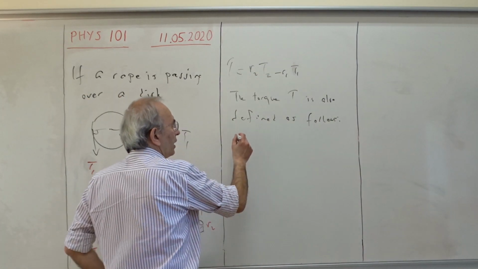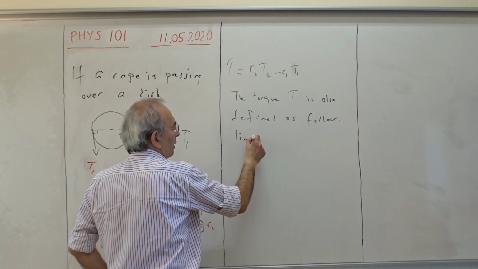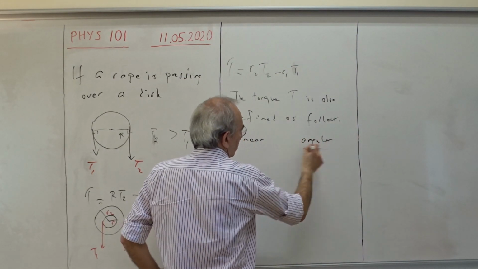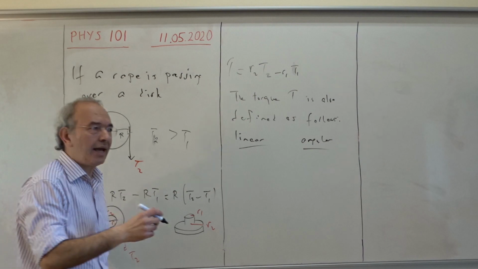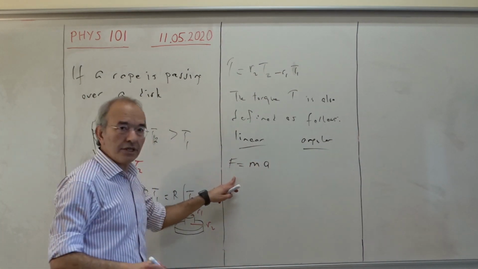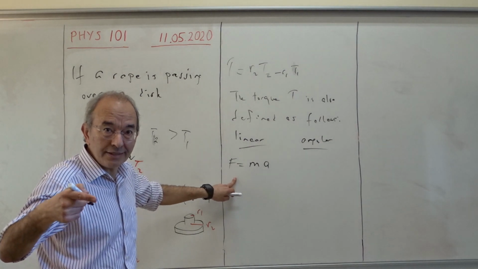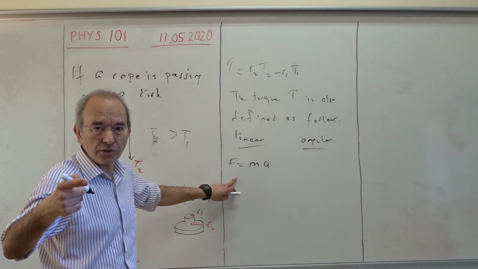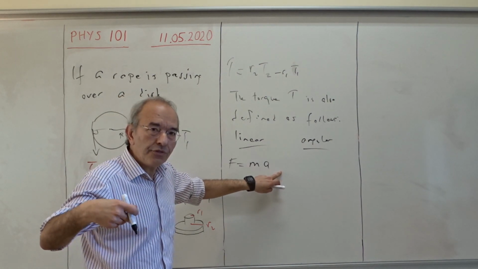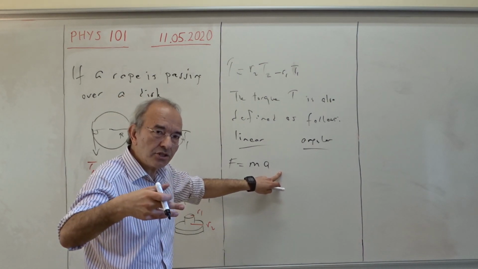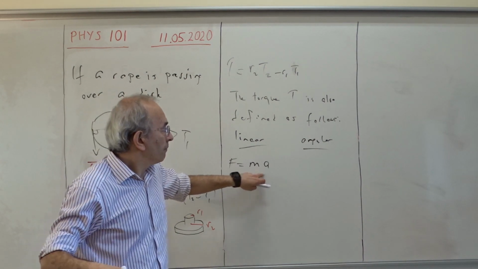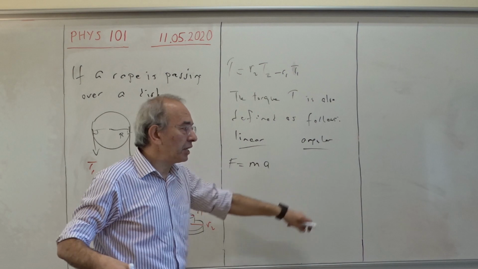Alright, so in linear motion again, linear and angular. In the linear motion we had Newton's second law, F is equal to mass times acceleration. If a net force, resultant force, is applied to an object of mass m, then that force creates an acceleration on the object. This is very obvious. But what about the corresponding equation here?